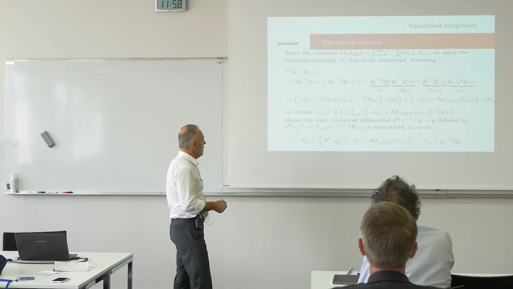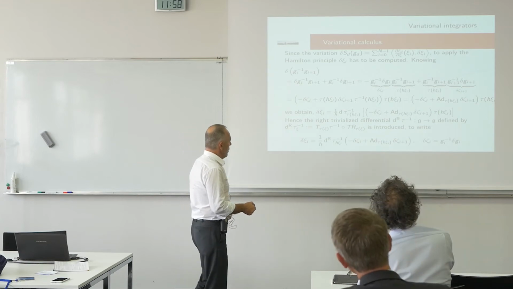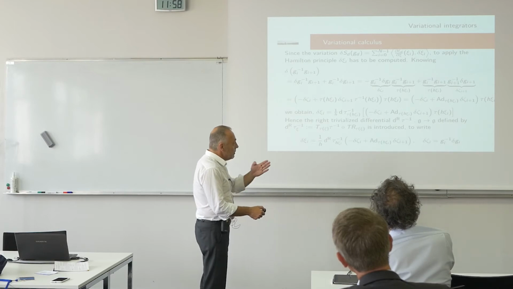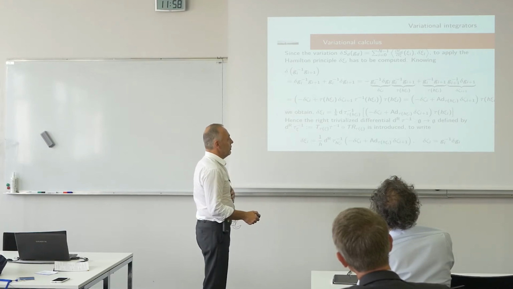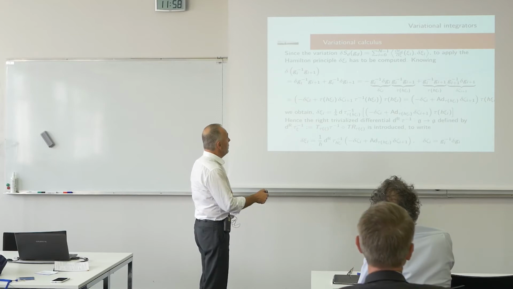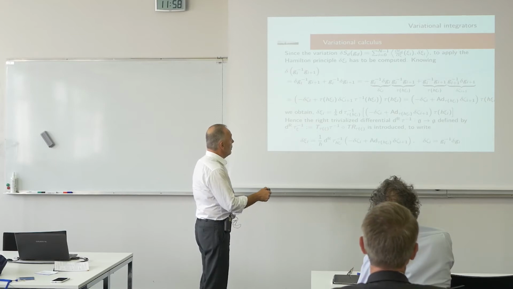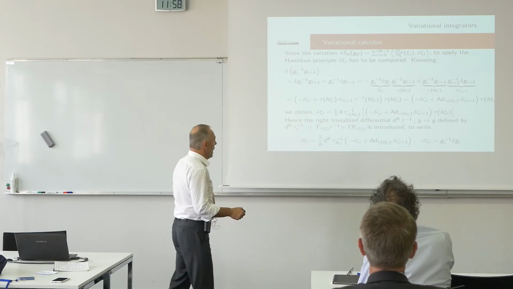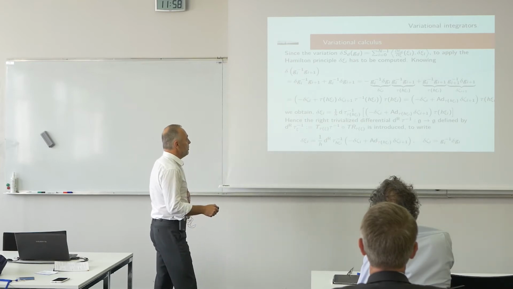Then you will obtain a relationship between a certain variation that intervenes in the variation of the Lagrangians, and it could be related to the adjoint operator.